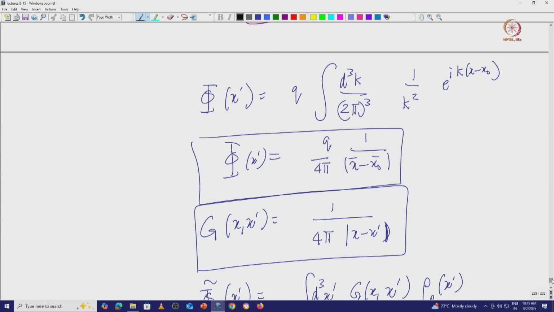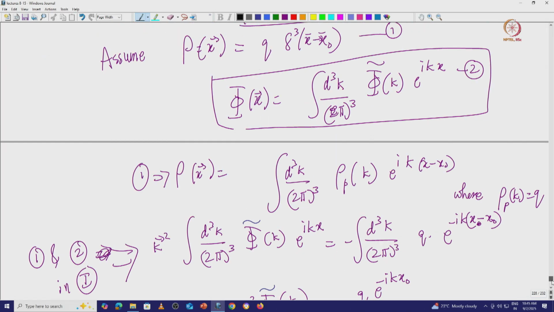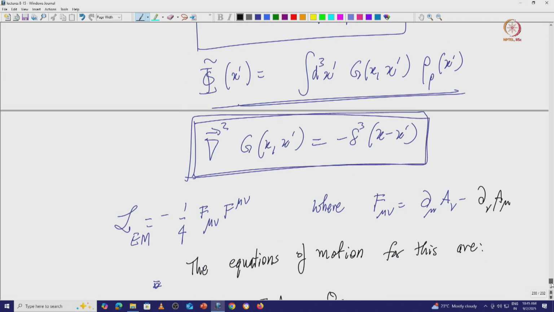You see that it has a form in the momentum space which is 1 by k square. The electromagnetic equation is exactly the same thing, because of the Laplacian it picks up a k square in the momentum space. So if you take a delta function source and solve the Poisson's equation, you get the 1 by k square term.